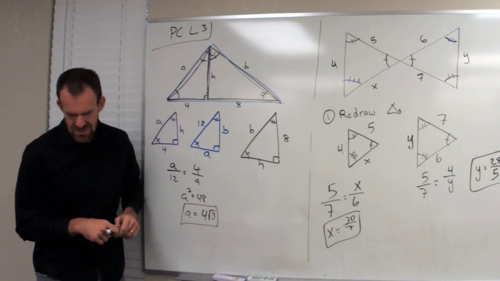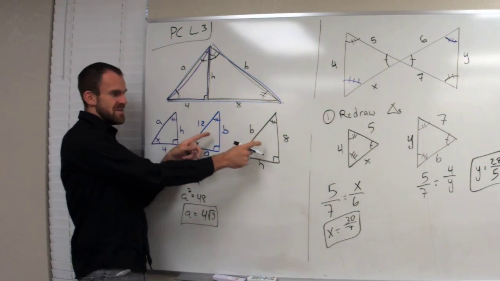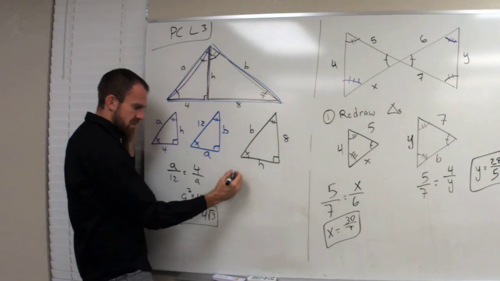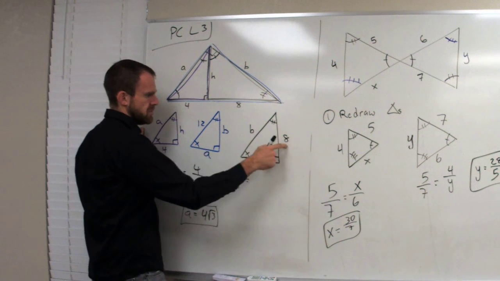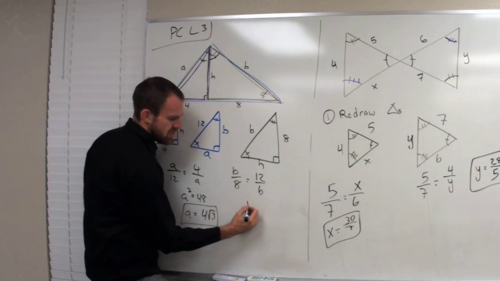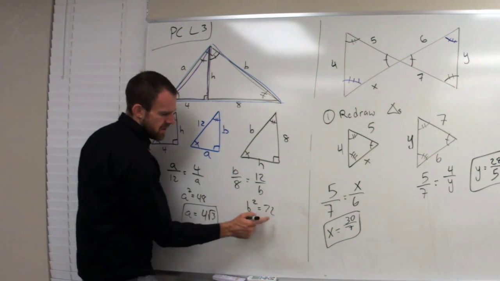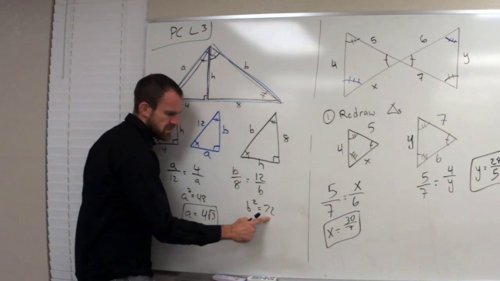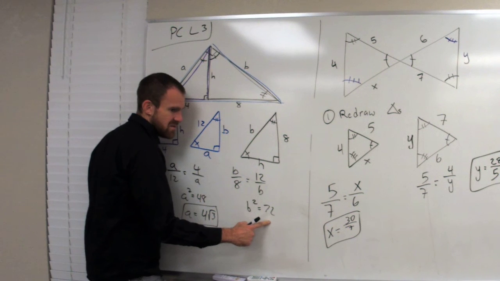Is that correct? Yes. All right, now if I'm solving for B, I'm going to pick the 2 triangles that have B in them. So B over 8 equals 12 over B. Again, I have B squared equals 72, I'm going to take the square root of both sides. 72 is 9 times 8.